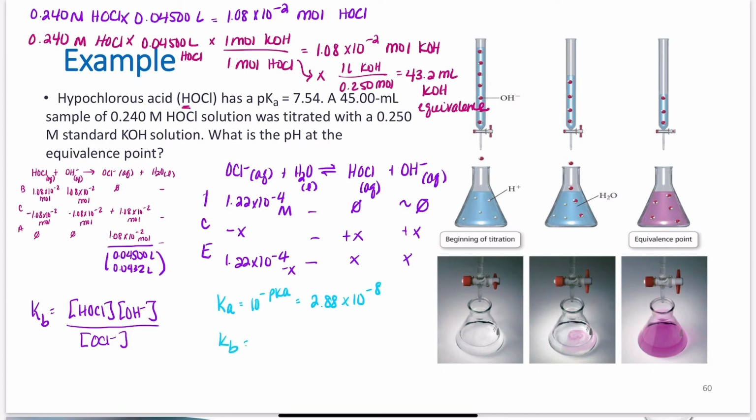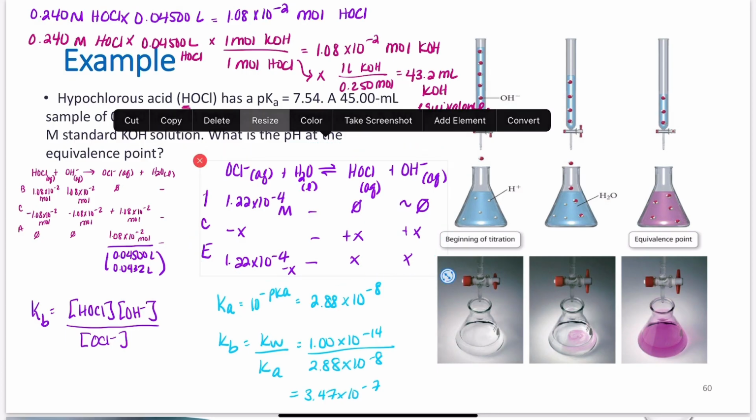So Kb is equal to Kw divided by Ka, 1.00 times 10 to the minus 14, divided by 2.88 times 10 to the minus 8, which gives you 3.47 times 10 to the minus 7. Now I've got my Kb.